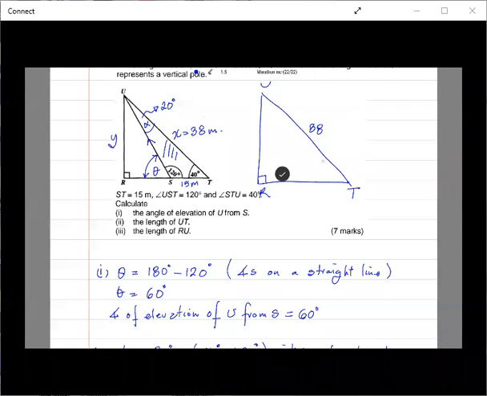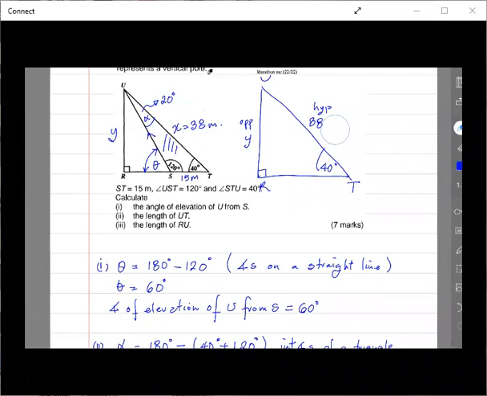The angle here is 40 degrees. What is over here relative to the 40 degrees? y to the 40 degrees is opposite, and the 38 is the hypotenuse.